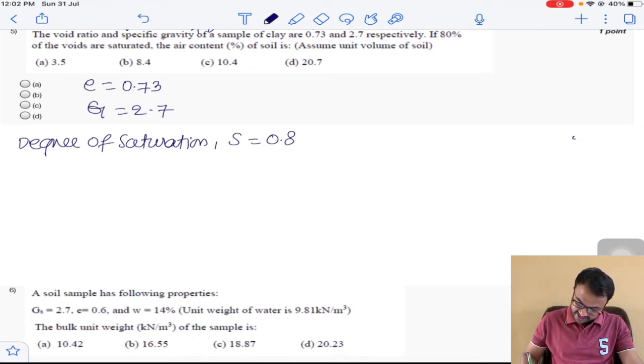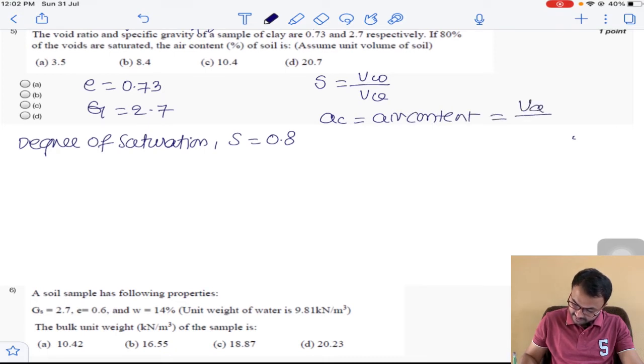We know degree of saturation S is equal to volume of water divided by volume of voids, and air content AC, AC means air content, is equal to volume of air divided by volume of voids. From the above two expressions, AC plus S is equal to, what is AC? Volume of air divided by volume of voids plus volume of water divided by volume of voids.